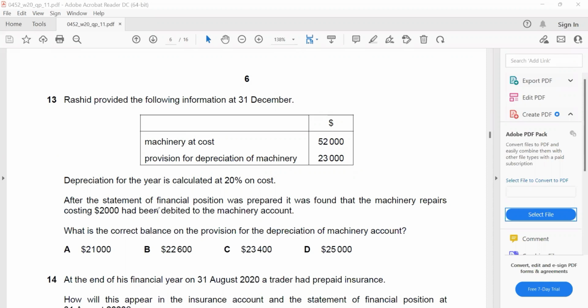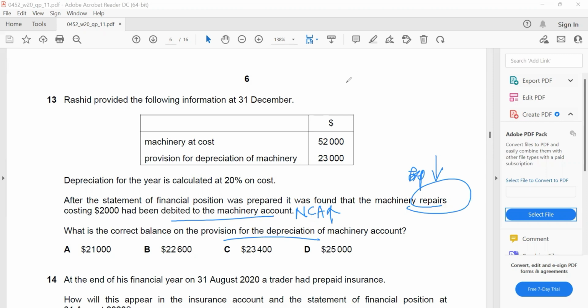After the statement of financial position was prepared, it was found that the machinery repair cost of 2,000 had been debited. So that means expenses are understated, and debited to this one is a non-current asset overstated.